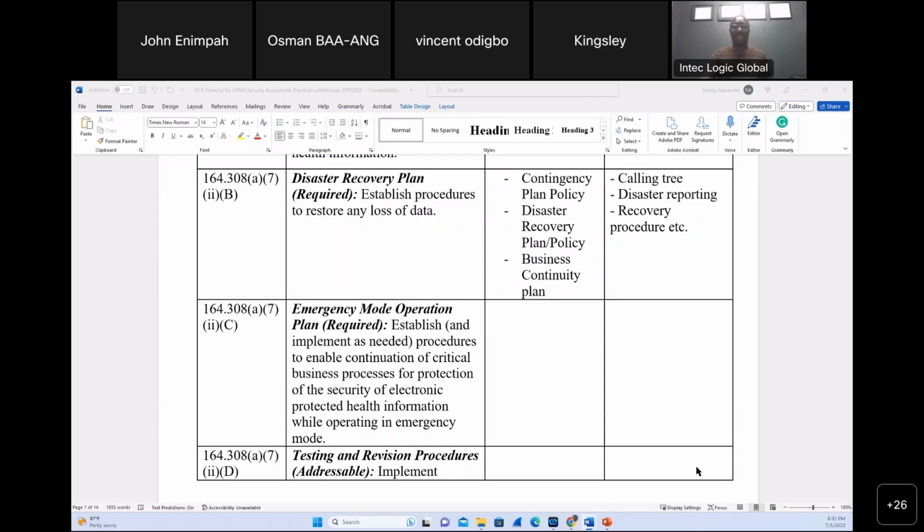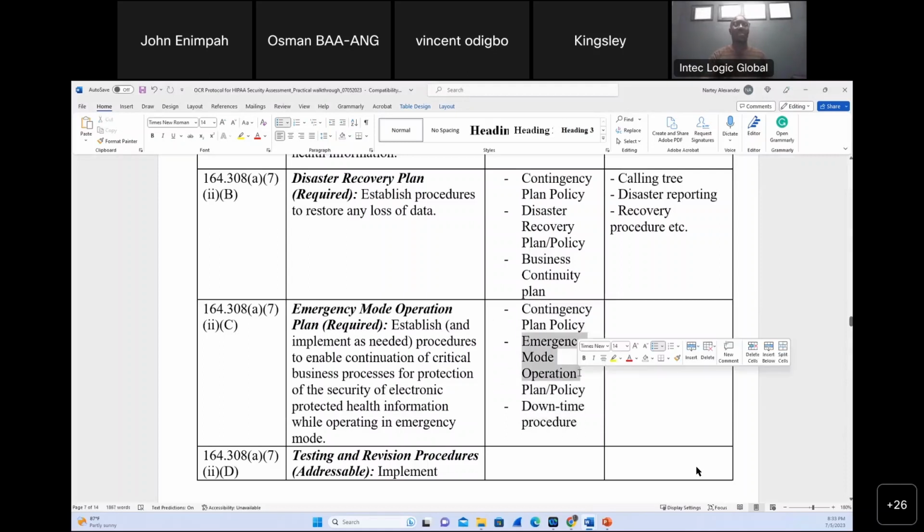If there's an emergency, what document do they follow, right? It can still be the contingency plan, right?